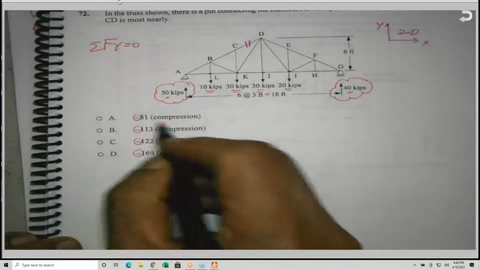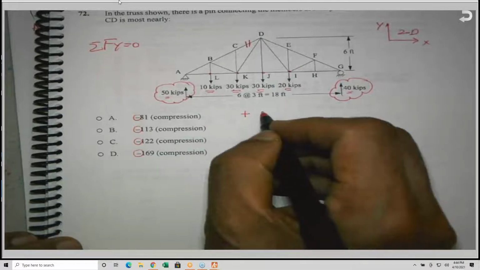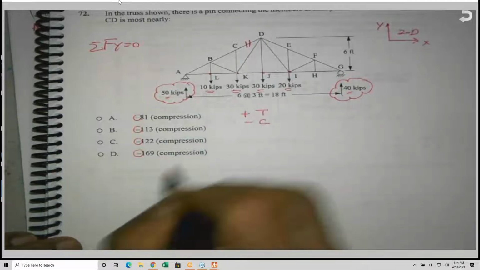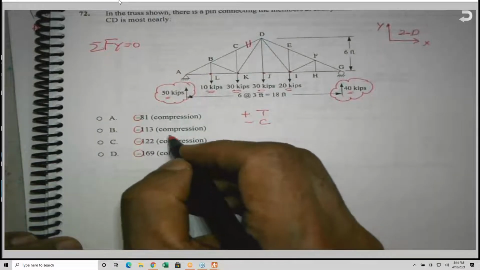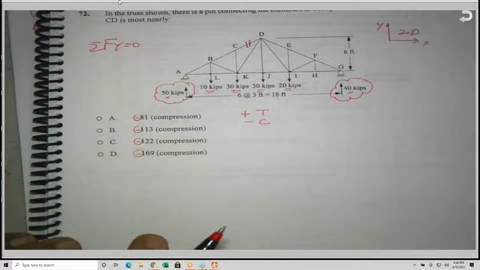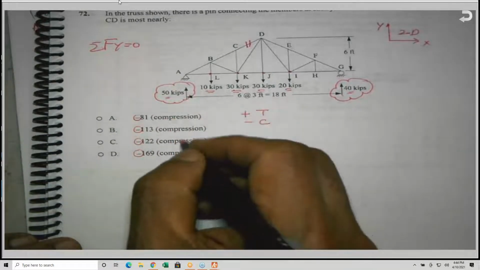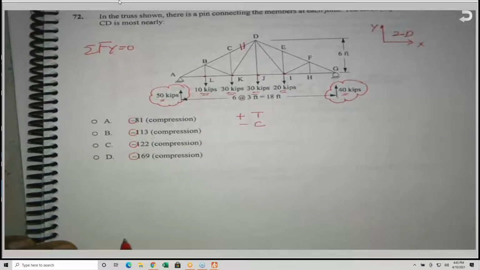I don't know why they put both. Normally we use positive for tension, minus for compression. But if we put compression or tension, there is no need to put plus or minus. But he used both: he used the negative and the word compression to indicate that it is a compression member.